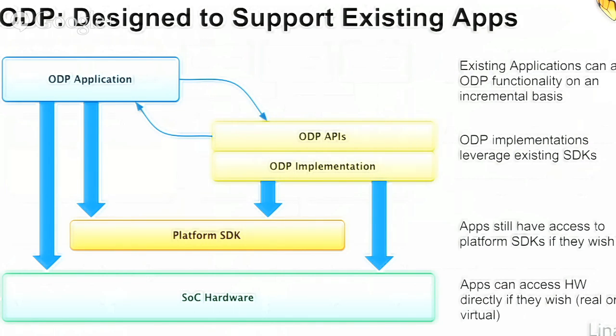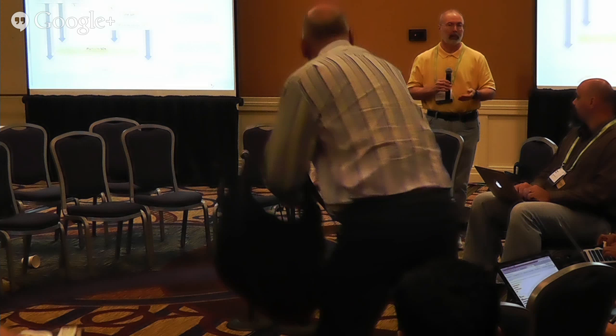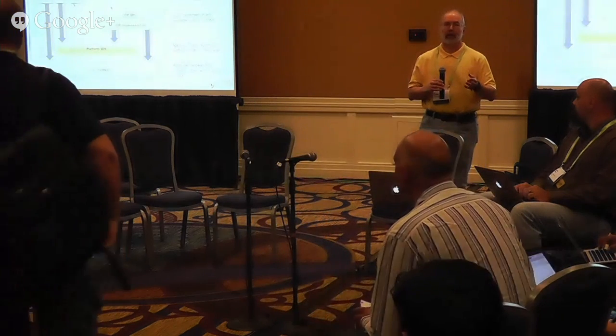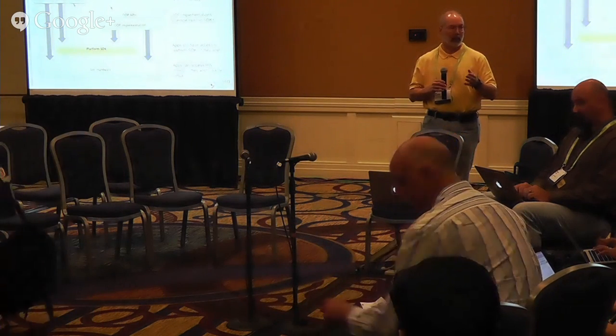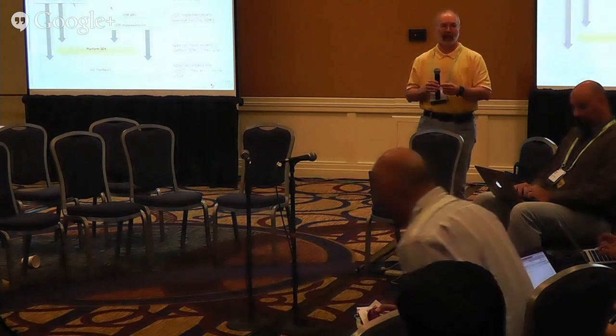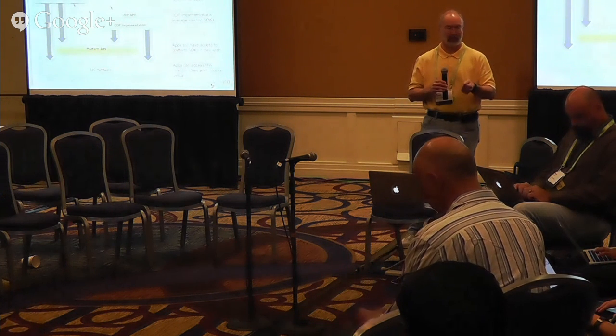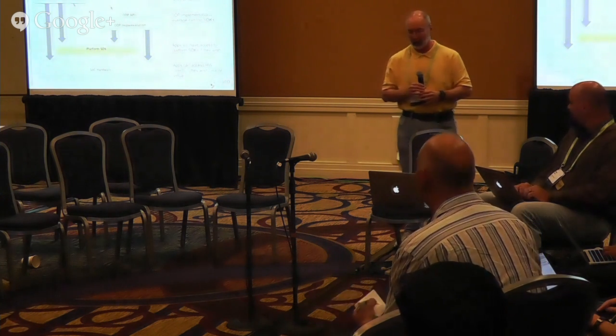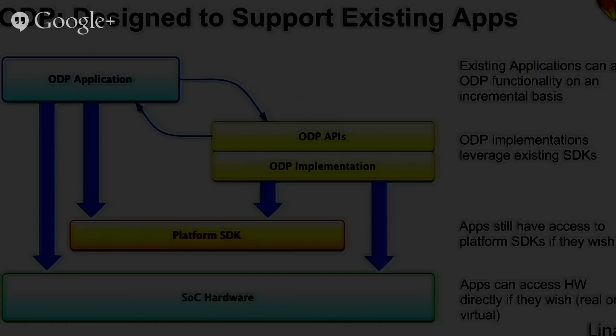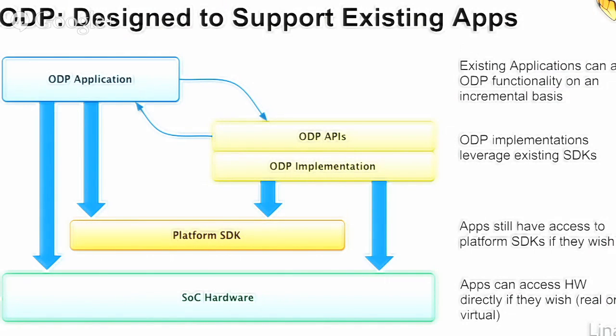So ODP implementations leverage existing SDKs, and we still allow applications to directly exploit either the SDK or the underlying hardware if they wish. The idea is that to the extent that an application wants to be portable, it can start using ODP APIs. To the extent that it wants to get that last ounce of performance on a given platform, it can still interoperate with native facilities on that platform.